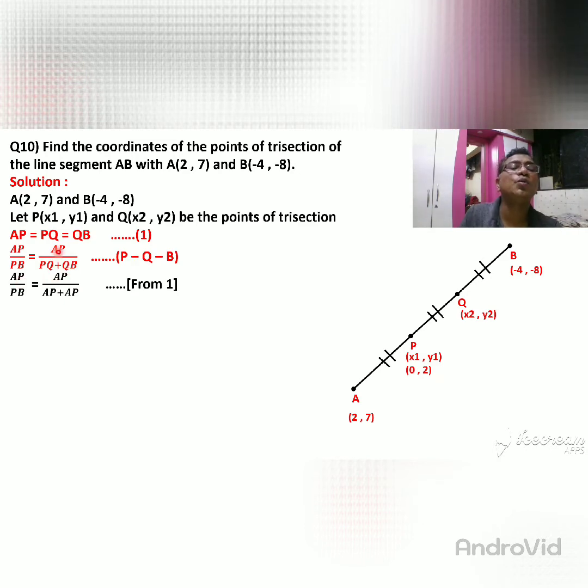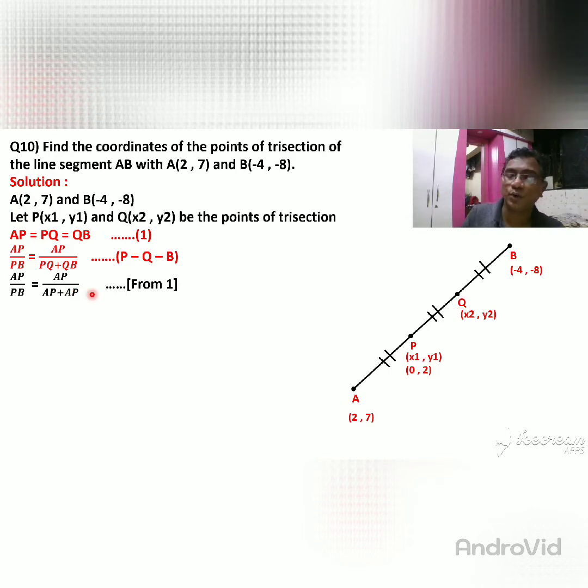The numerator AP remains as it is, and in the denominator PQ plus QB. PQ is AP and QB is AP, so AP plus AP, what do you get?